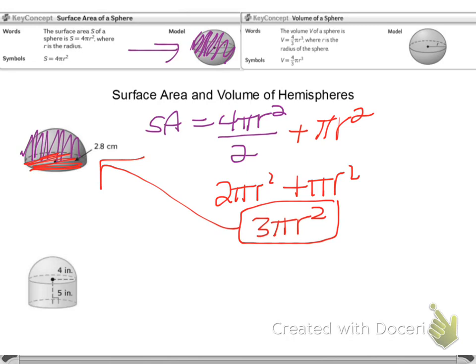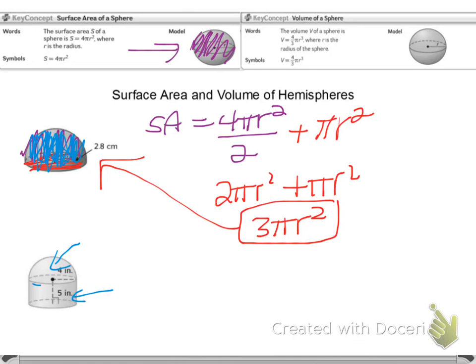Whereas in the volume formula, it's just going to be the same, because it's everything included inside. If we were to put water in there, if we were to get the entire volume of the sphere and just cut it in half, that would be your volume. Nothing tricky there. Whereas when we look at this picture at the bottom, we have this cylinder on the bottom, and then this half of a sphere up top, this hemisphere.